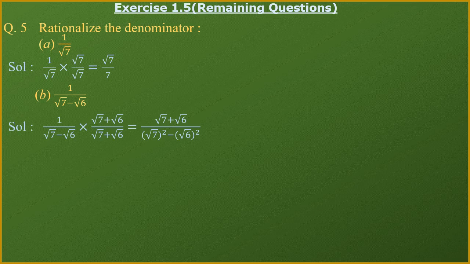As you can see in the numerator, 1 multiplied to root of 7 plus root of 6 will become root of 7 plus root of 6 only, because we are simply multiplying by 1. But what will happen in the denominator? See, in the denominator I am multiplying root of 7 minus root of 6 with root of 7 plus root of 6.